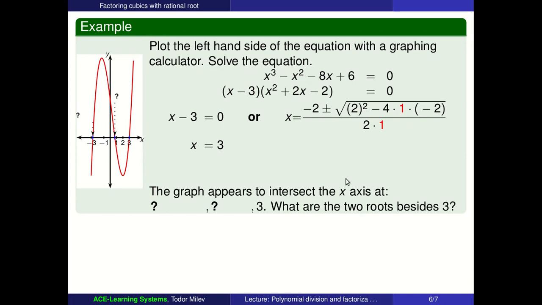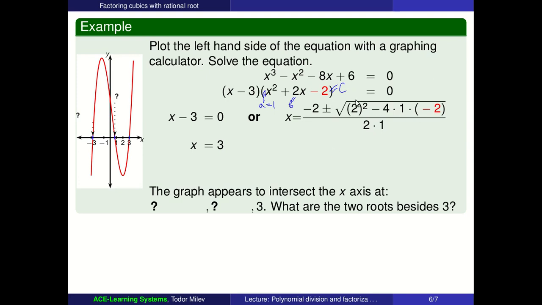So a equals 1. So I'm using the quadratic formula. Here a equals 1. This is my a. Next, b is equal to 2. And finally, c is equal to negative 2. This is my c. So this is a equals 1, b equals 2, and c equals negative 2.